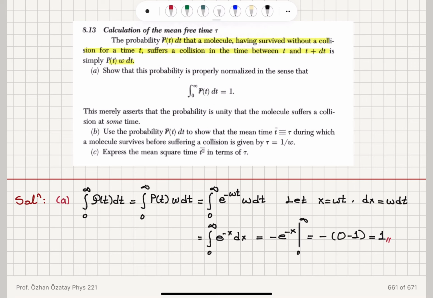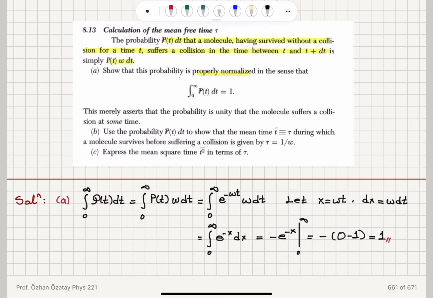This gives us e to the minus x dx, whose integral is minus e to the minus x. If you differentiate, you get the minus signs cancelling and you get e to the minus x. So at infinity, this is 0. At 0, it is 1. Minus minus 1 gives us 1. So this is properly normalized. So there will be a collision at some point.